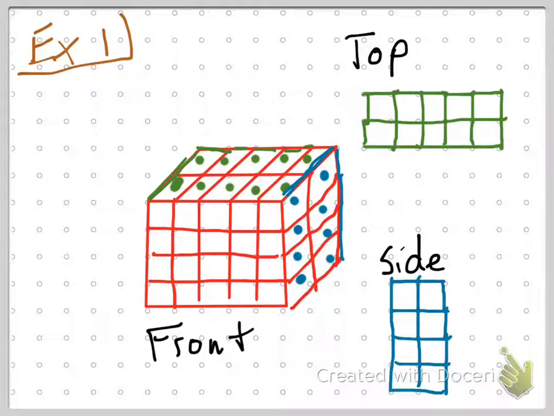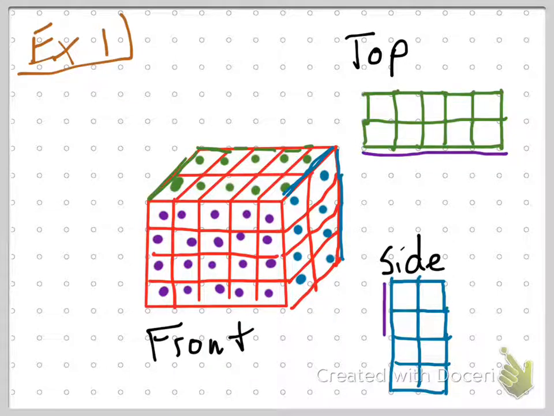And then the front view is kind of already done for you. But nonetheless, we do need to highlight it. So I'm going to go purple here. This is my front view. If you really think about it, the front view shares the same length as the top view and the height of the side. So let's try to find some room here. I'm going to have to erase this.